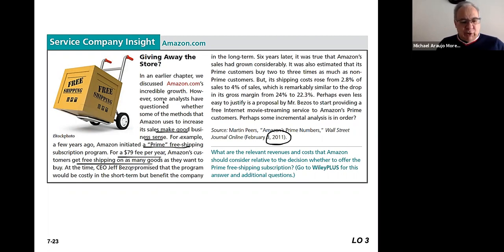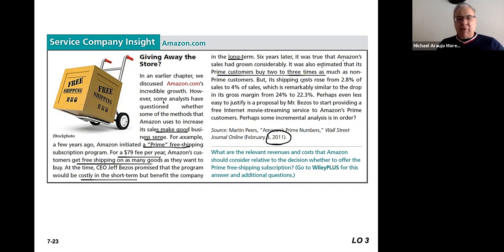And Jeff Bezos promised that the program would be costly in the short term, but benefit the company in the long term. 6 years later, Amazon sales had grown considerably. And it was estimated that Prime customers buy 2 to 3 times as much from the company as non-Prime customers.